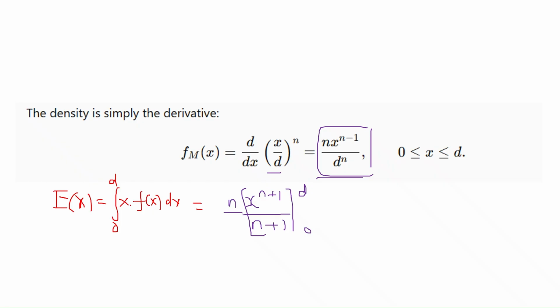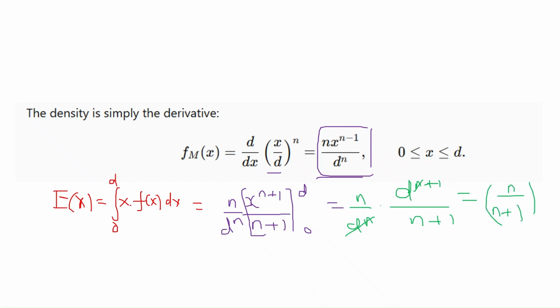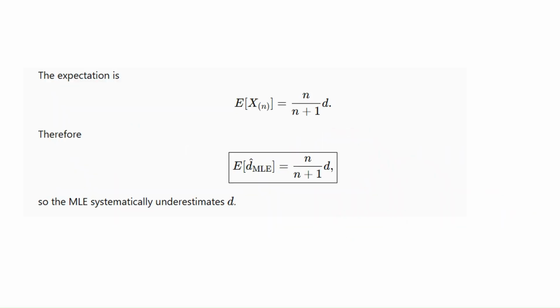And n over d to the n is the constant part. So we put the upper limit. This would become d to the power n plus 1 over n plus 1 and n over d to the n times d to the n plus 1 over n plus 1. So this d to the n would cancel out, and this would give us n over n plus 1 times d. So we have the expectation, which is expected value of xn is n over n plus 1 times d.